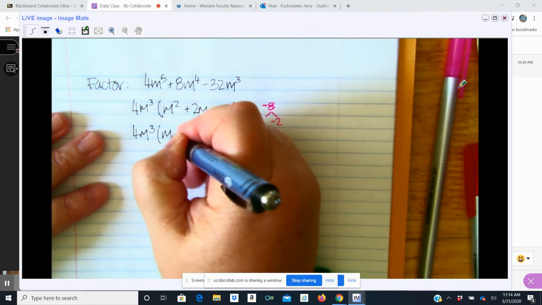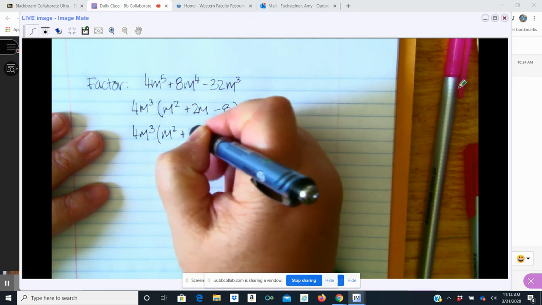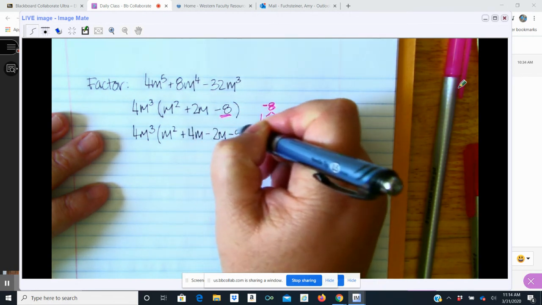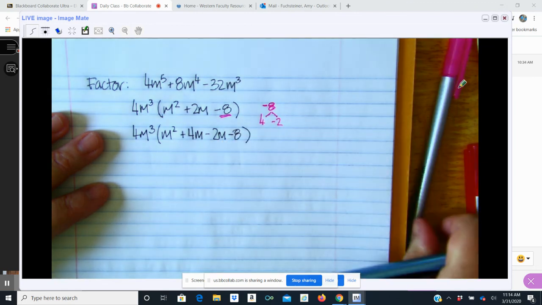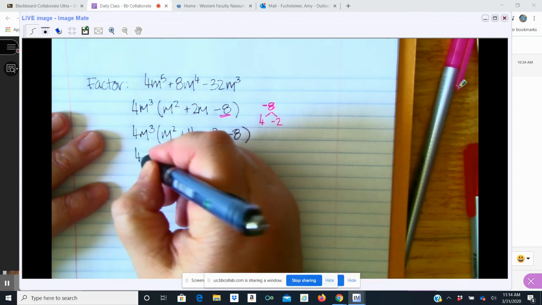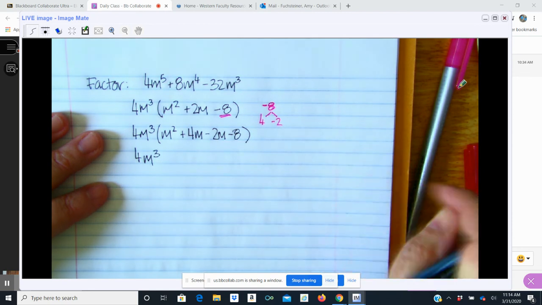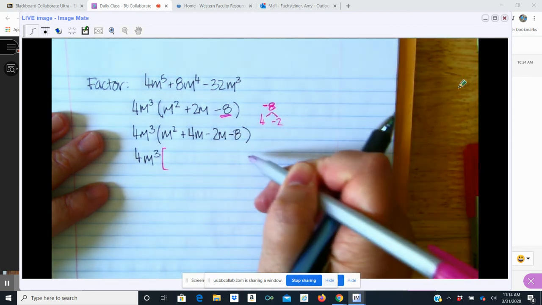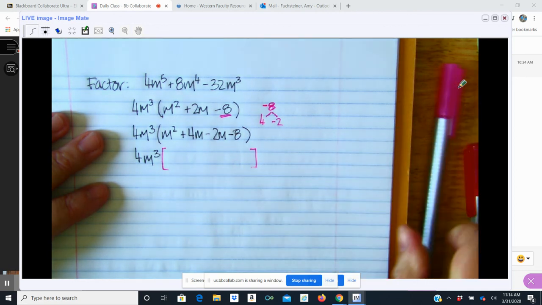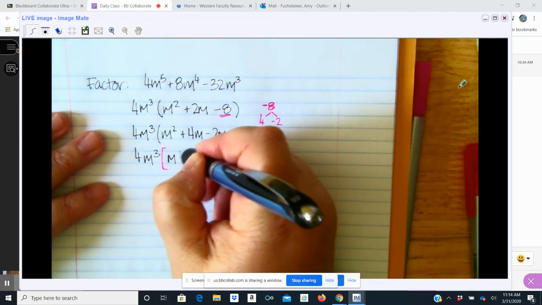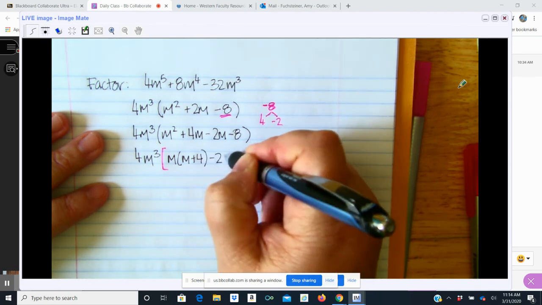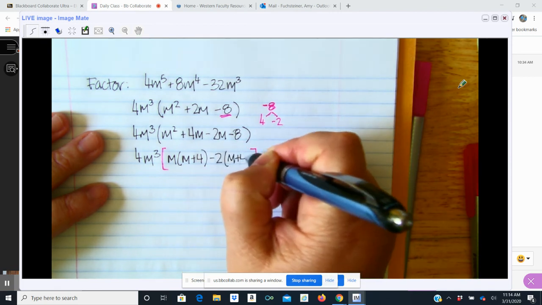So it's going to be an m squared plus 4m minus 2m minus 8. m plus 4, minus 2, m plus 4.